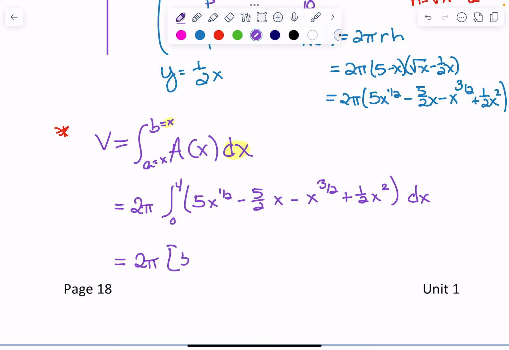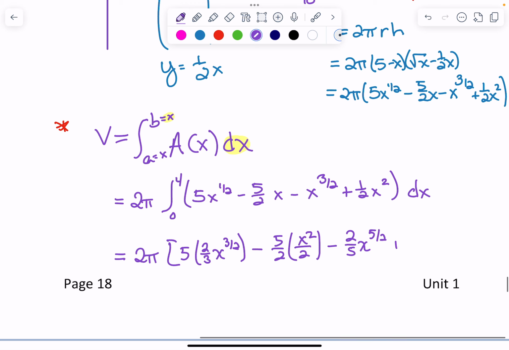I'm going to get 5 times x to the 3/2 with a 2/3 out front, minus 5 halves times x squared over 2, that's my second integral, minus x to the 5/2 with a 2/5 out front, plus 1/2 times x cubed over 3. You can see that this has an awful lot of fractions in it. And I'm going to evaluate that from 0 to 4.